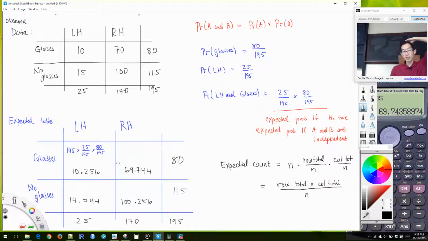And so this illustrates one interesting thing: the degrees of freedom when you have a two-way table is not n minus 1, it's the number of columns minus 1 times the number of rows minus 1. So in our case, we have 2 columns minus 1 and 2 rows minus 1. So we have 1 times 1, we have 1 degree of freedom.